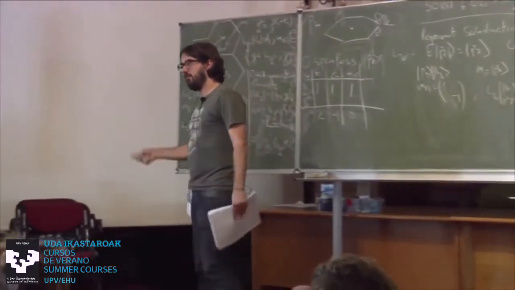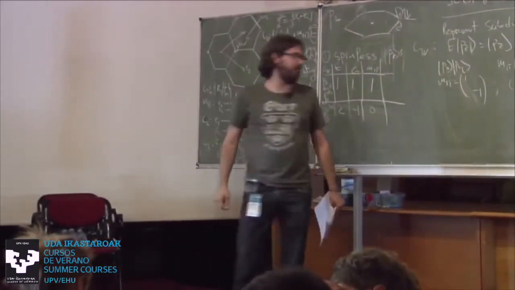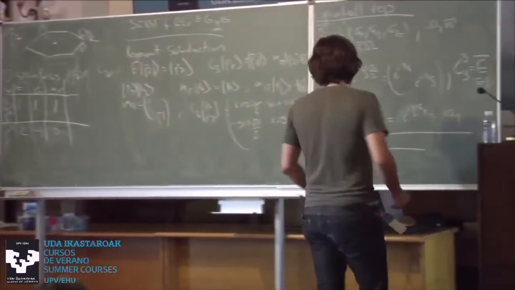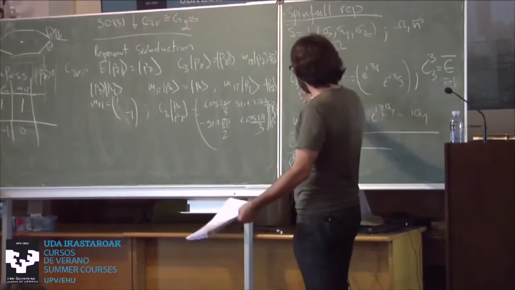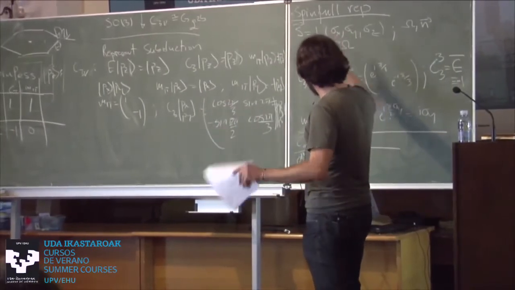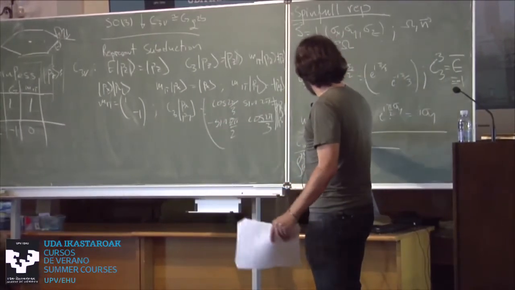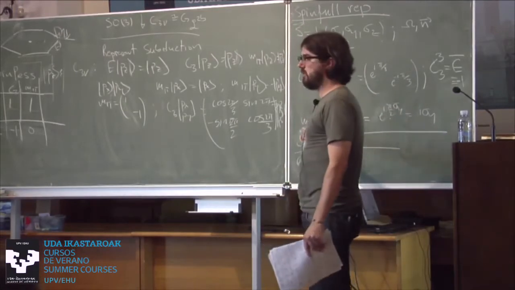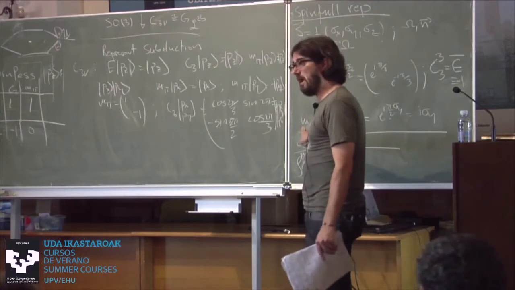Rotations have a different determinant than inversion. So inversion just acts on the orbital degrees of freedom, and rotations and then mirrors act on spin. Yes?